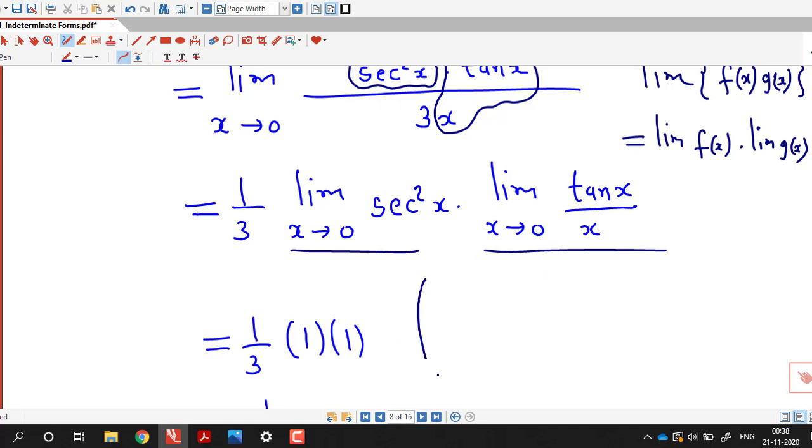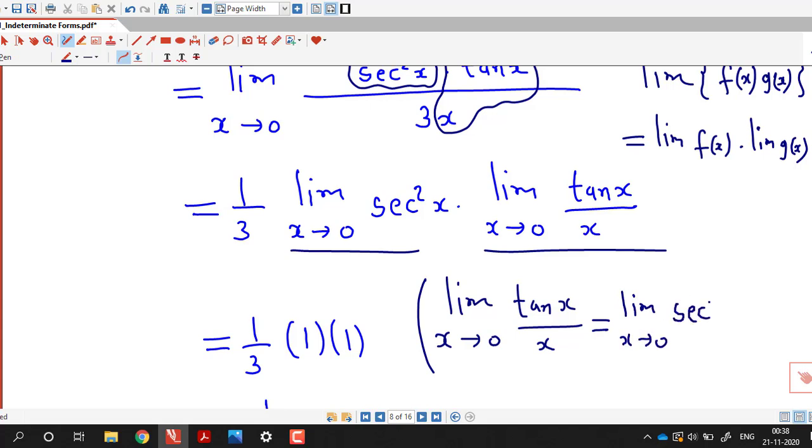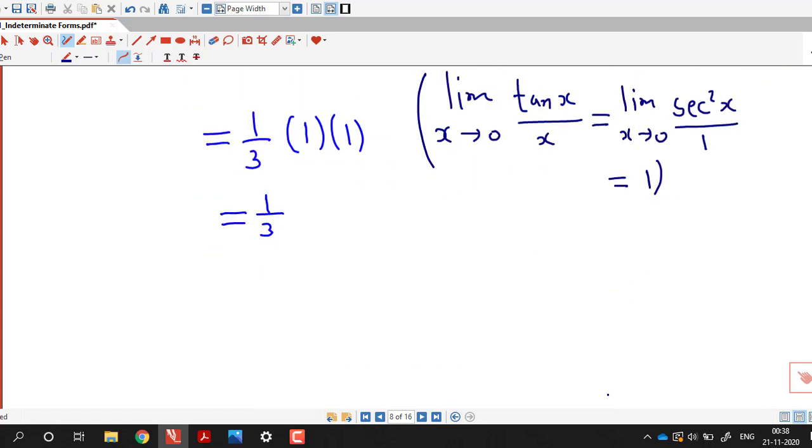Or we can use L'Hospital rule to decide this limit. Here if we substitute x equal to 0, we have tan 0 by 0, so it is indeterminate form. So if we take derivatives, we have derivative of tan x, which is sec square x, over derivative of x, which is 1, and this is now sec 0 square, so it is 1. So the answer is 1 by 3.